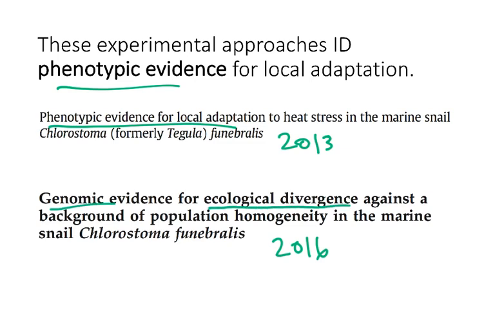Ecological divergence is a slightly different term, but it basically means the same thing, local adaptation. And so finding these phenotype differences is often the first step, but then you can study local adaptation further using molecular methods to figure out what the actual genes are causing these differences. And that's what we'll cover in the next video.